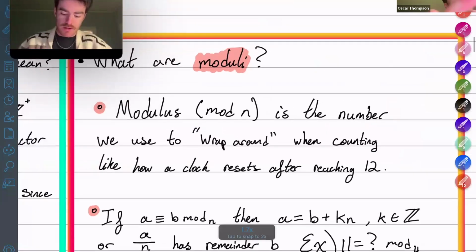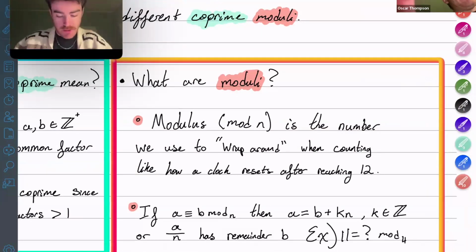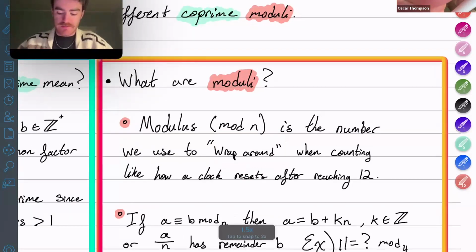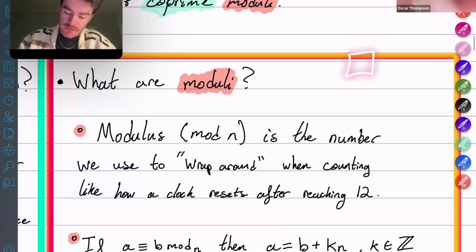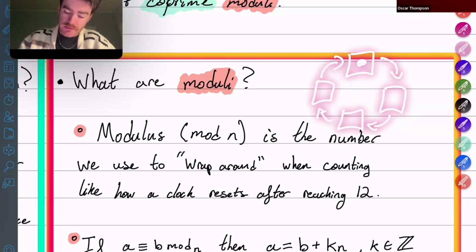And what are moduli? A modulus, mod n, is the number we use to wrap around when counting, sort of like how a clock resets after reaching 12. If you remember from the cards, we had 4 cards. We went from one card to the other, to the other, to the other, and it took 4 moves for the stone to get all the way back to where it started.